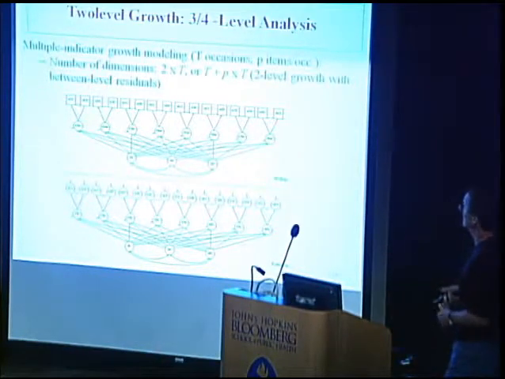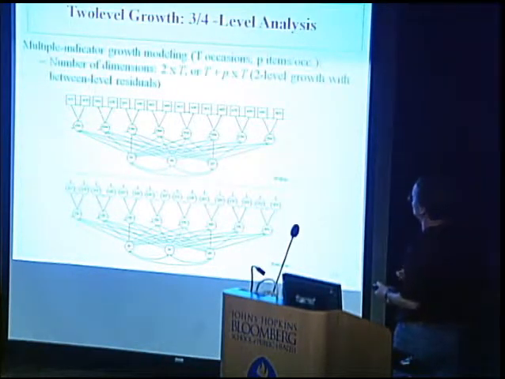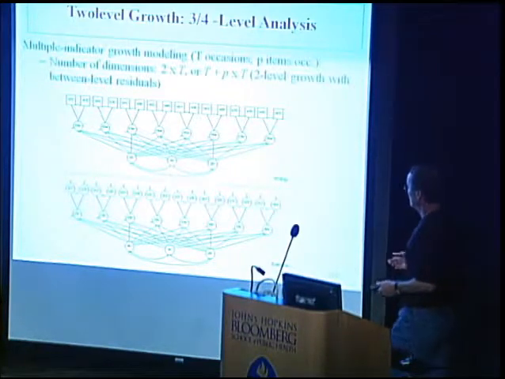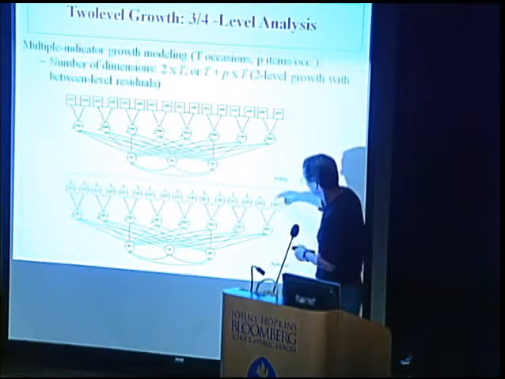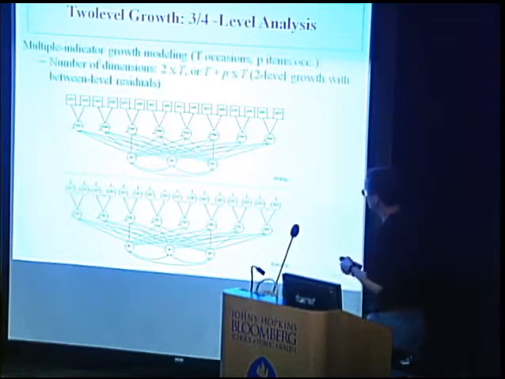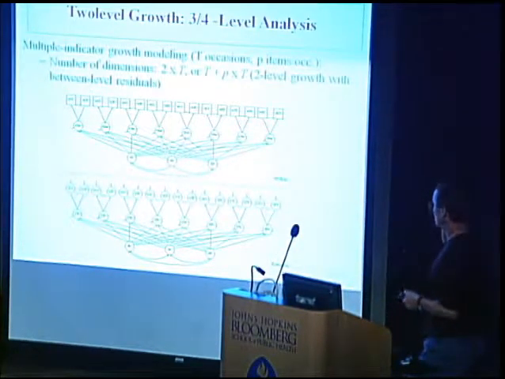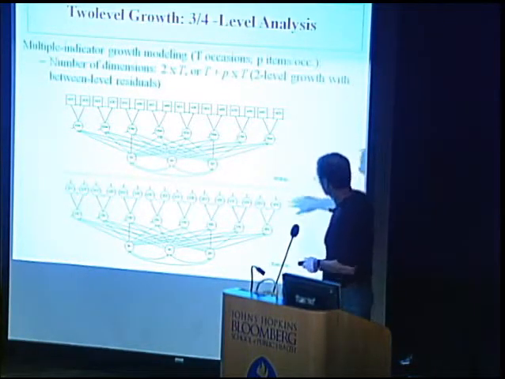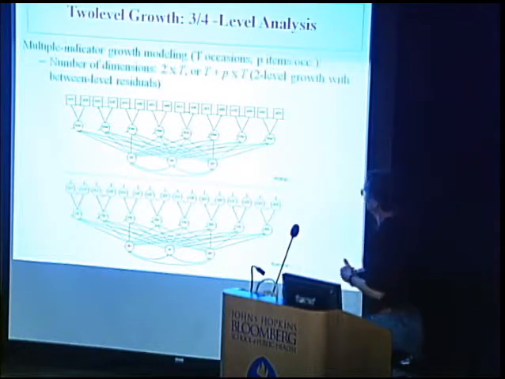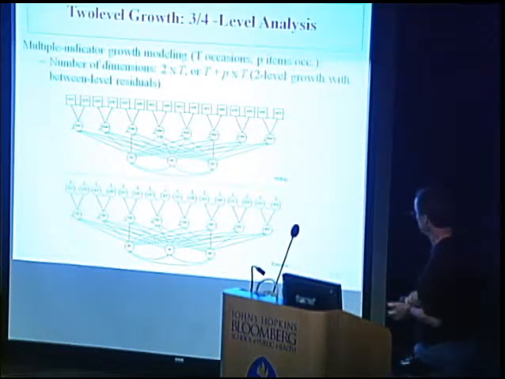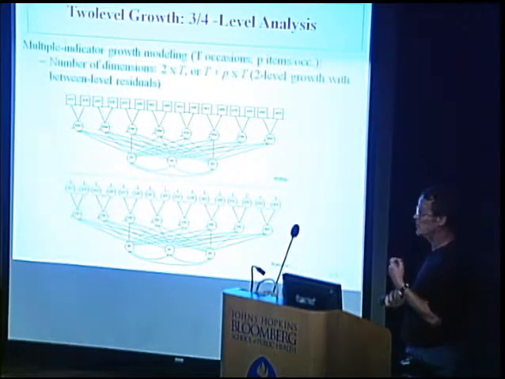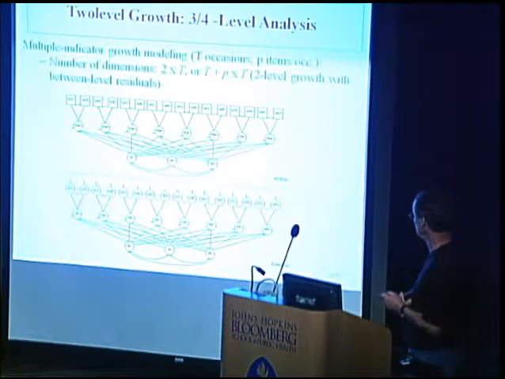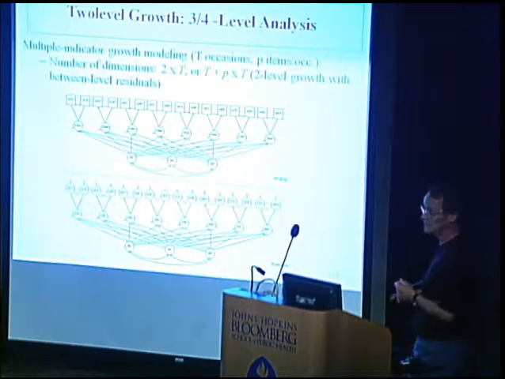So if you look at this, you have 2 versions of it. One version without these little residual arrows here, and one version with them in the model. These little residual arrows are the time and item-specific contributions of the classroom variation.